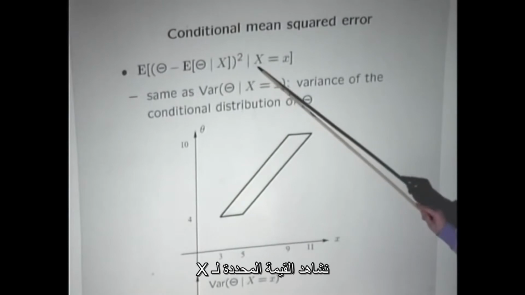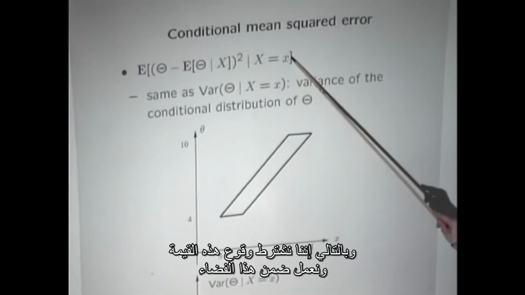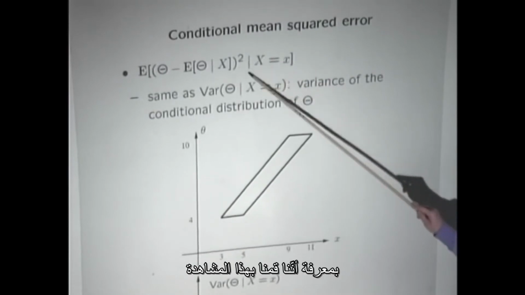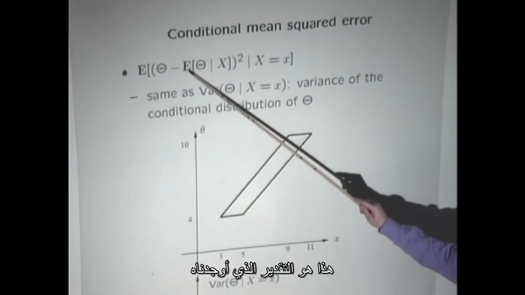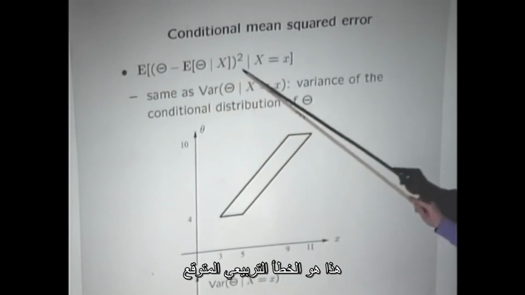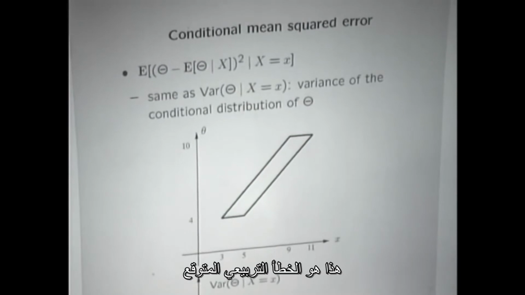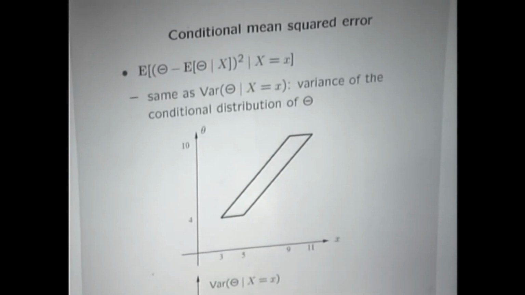We observed a particular value of x, so we're conditioning and we're living in this universe. Given that we have made this observation, this is the true value of theta, this is the estimate that we have produced, this is the expected squared error, given that we have made a particular observation.